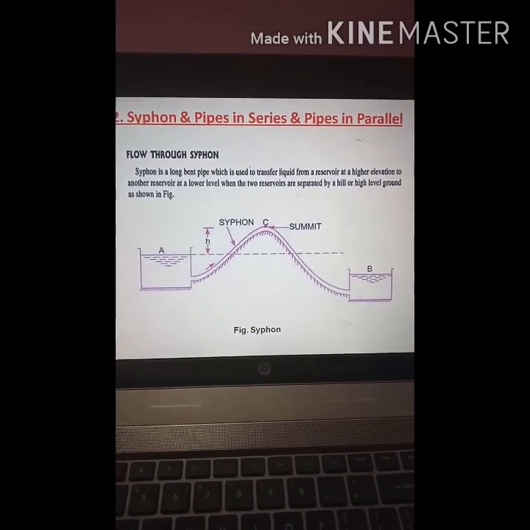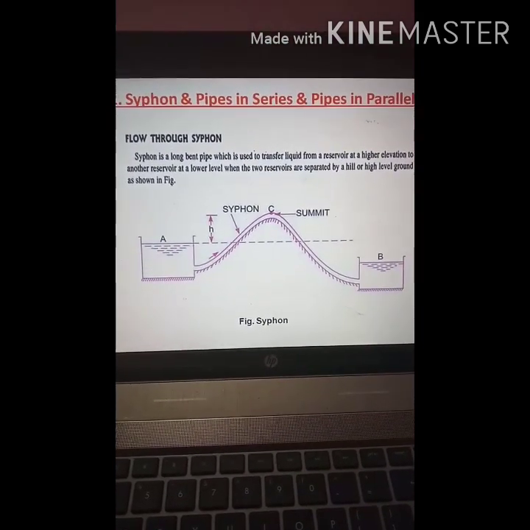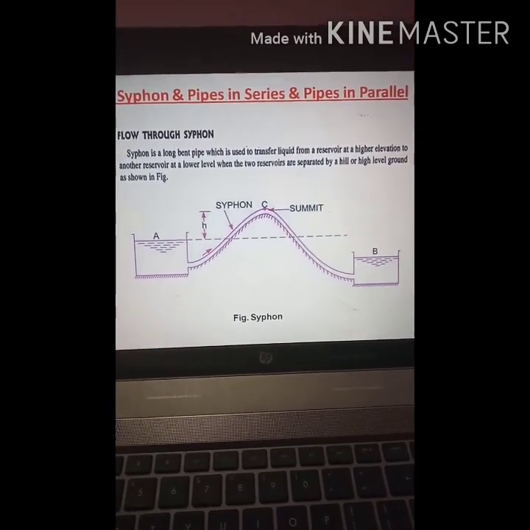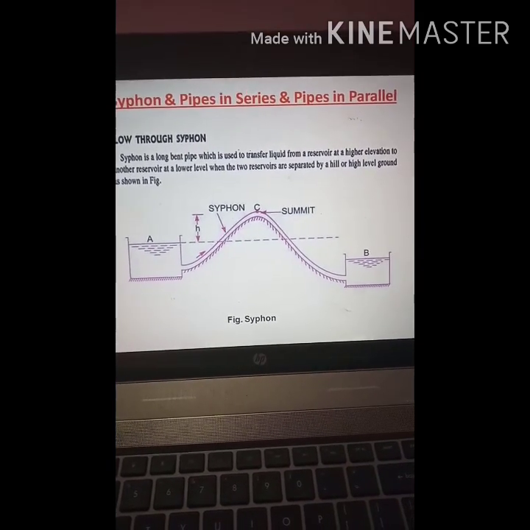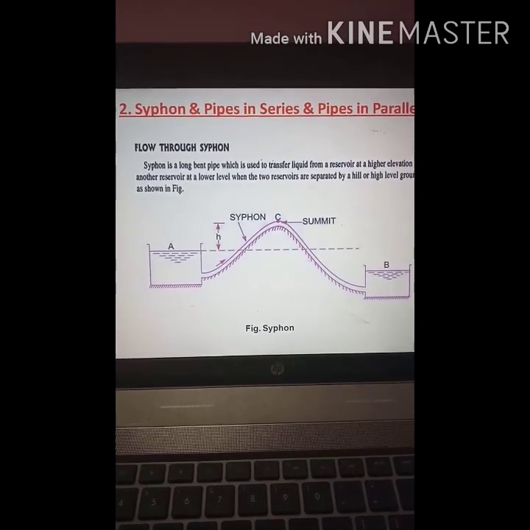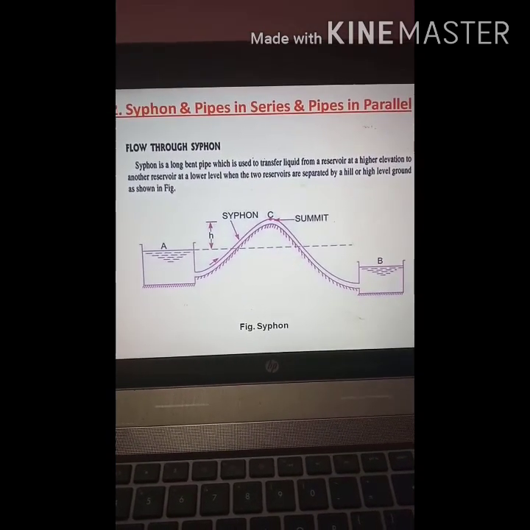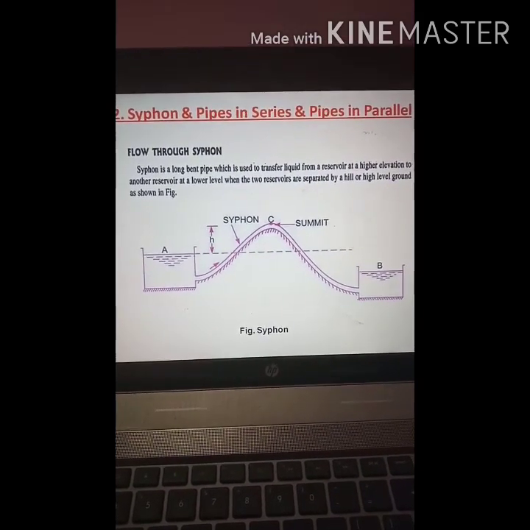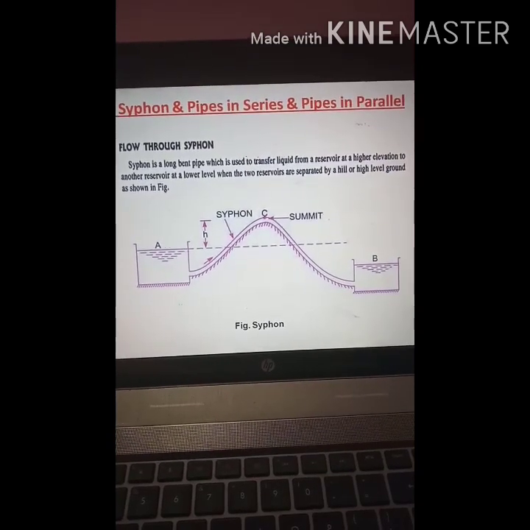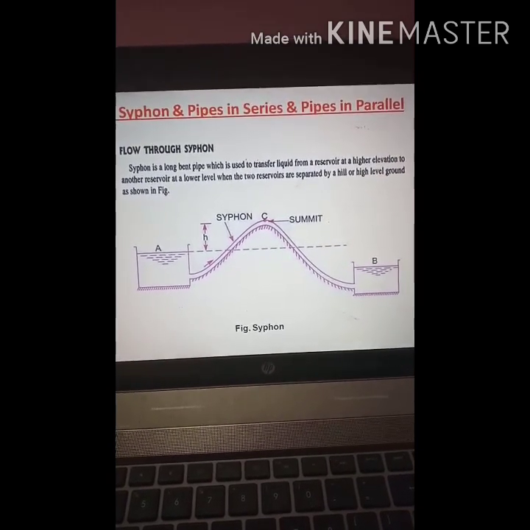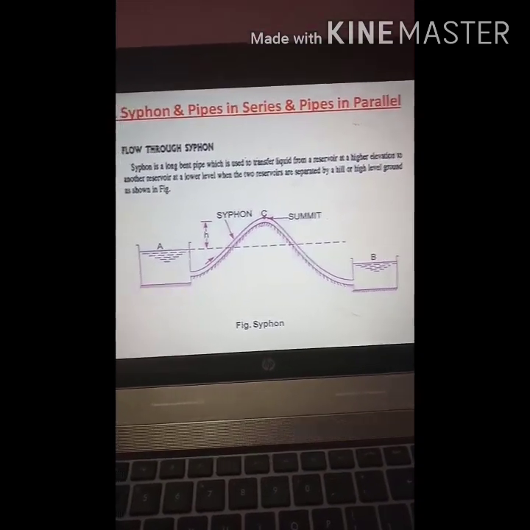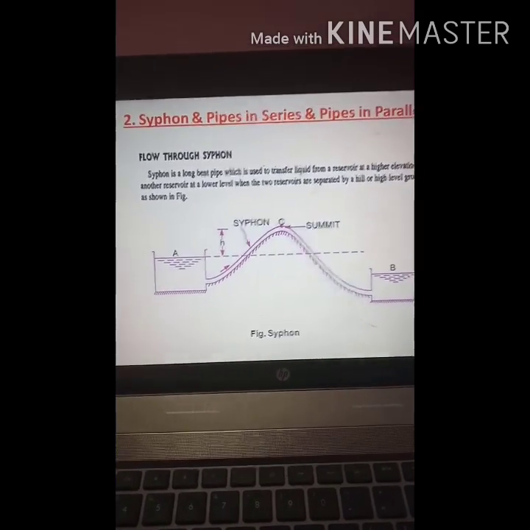Siphon is also an inherent problem, meaning in between points A and B there is a hill or mountain. That's why you have to use pipelines which will go across these hills and mountains. But here we have made use of a certain point at the top of the hill where the pressure decreases and a vacuum is created at that point C. Because of the vacuum the water is sucked at point C and then carried further.